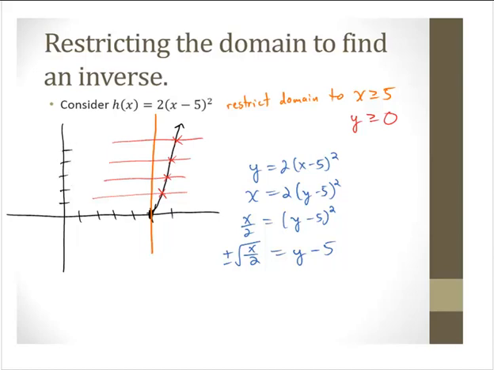We had (5, 0) before, so we would want (0, 5). And the point (6, 2), roughly, so then we would need the point (2, 6).